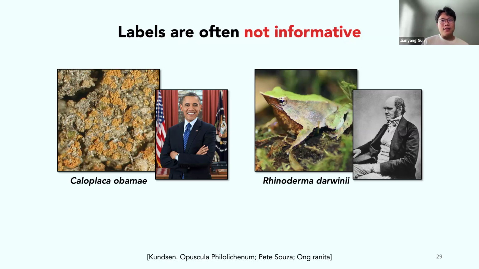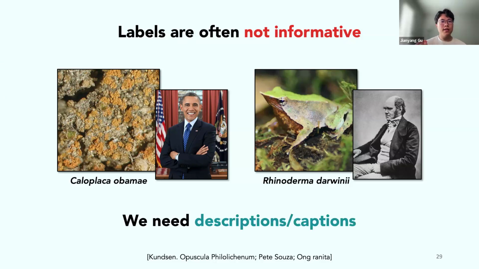So this really means that some taxonomic labels themselves are not meaningful. They do not contain the necessary semantics that describe the visual appearance of the species. That means we really need descriptions and captions to help machine learning models acquire sufficient knowledge for these species.